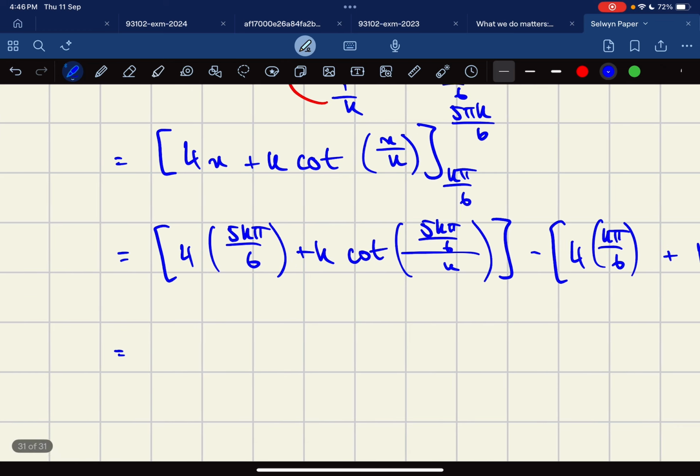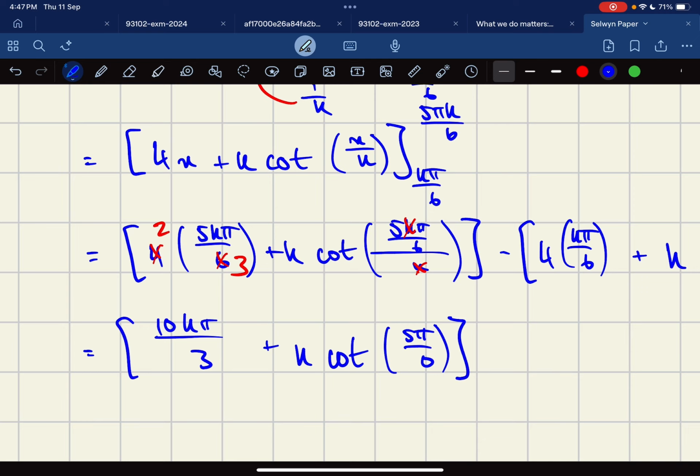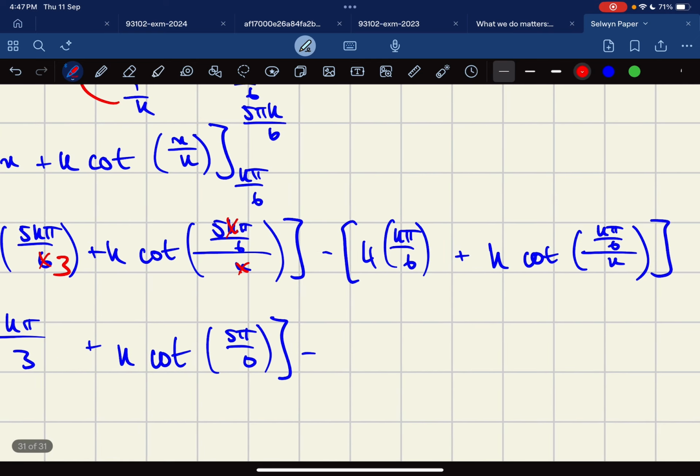So then expanding all this, the 4 and the 6 cancel each other out to 2 over 3. 2 times 5 is 10, so that'll be 10k pi over 3. And then over here, taking out the k, it's just k cotangent of 5 pi over 6 minus, again, the 4 and the 6 cancel each other out to 2 over 3.